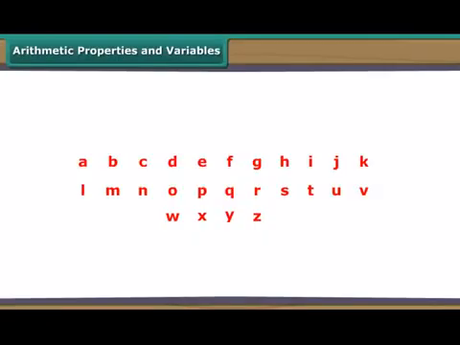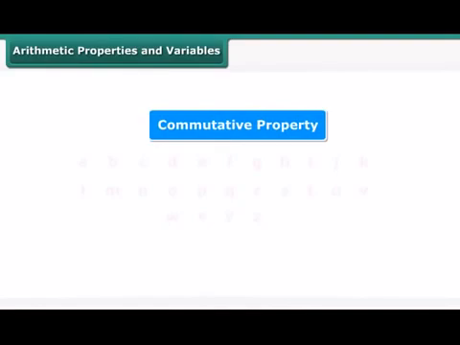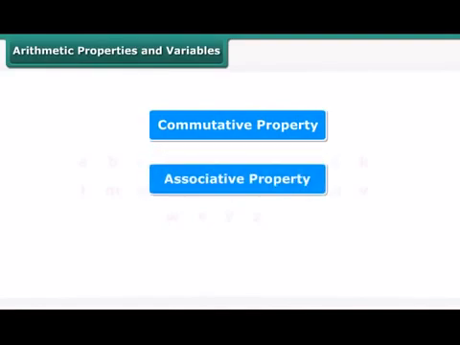Arithmetic properties and variables. Let us now express some commonly used arithmetic properties with the help of variables. These properties are commutative property, associative property, and distributive property. The commutative property. Addition and multiplication of two numbers are commutative.